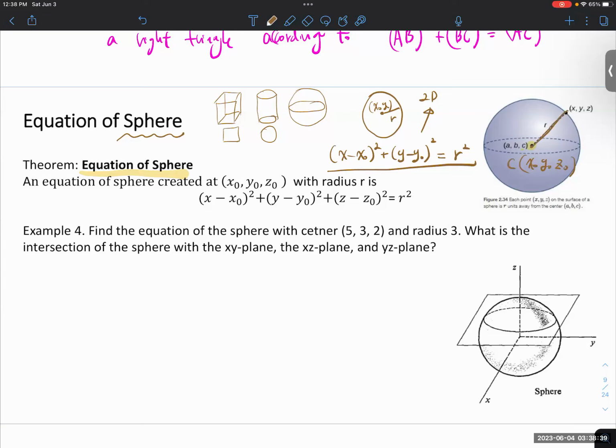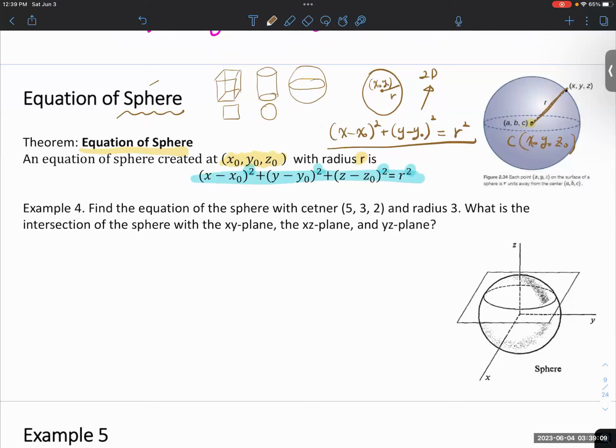So the formula is going to be, if the center is (x0, y0, z0) with radius r, the formula is going to be that. You see that? x minus x0, same thing, and then squared, squared, squared. So that's the sphere equation, because this is one of the popular shapes you will see a lot in 3-dimensional space. So let's take a look at an example of how to find the equation of a sphere with the given points.